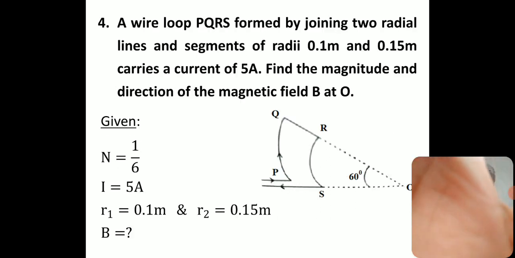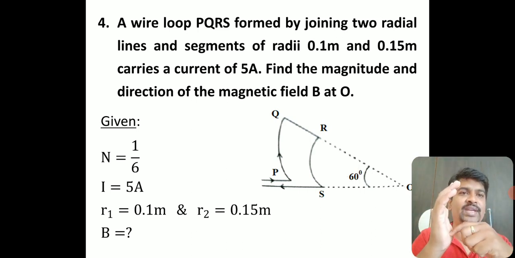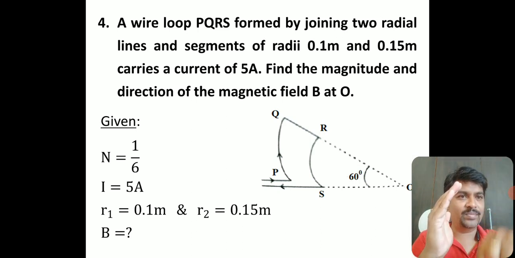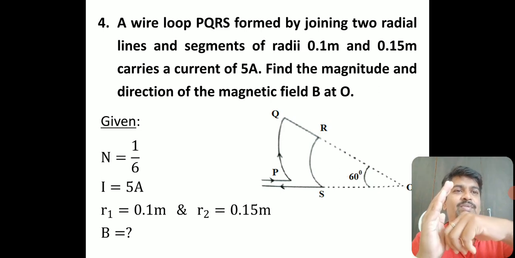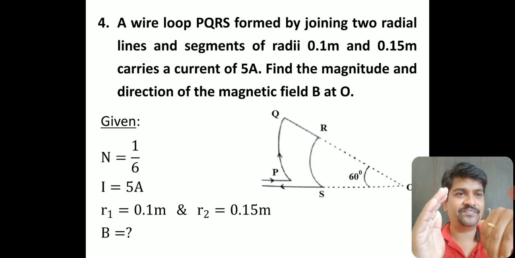Look at the diagram, students. Why? Because the current is flowing up in PQ, whereas the current is coming down in RS, in the opposite direction. So the magnetic field will be in one direction, and exactly the opposite magnetic field you can expect in the other arc.